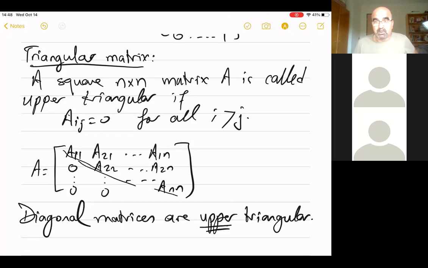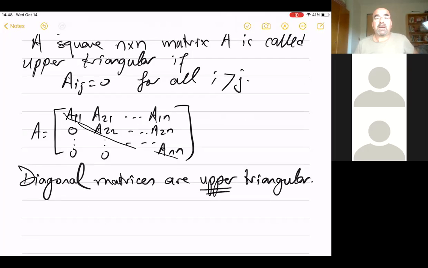So the opposite, what's the lower triangular, right? Well, I can mute everybody, but I should have done it from the beginning.